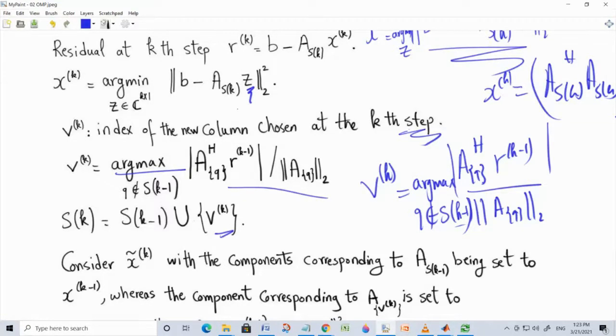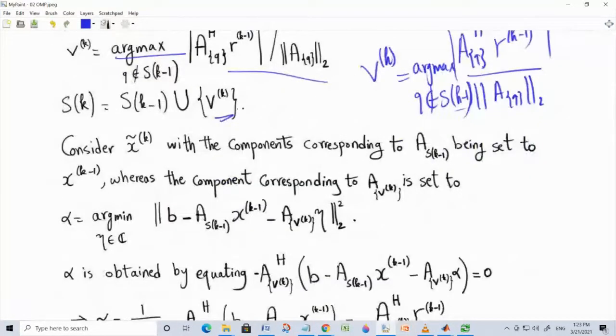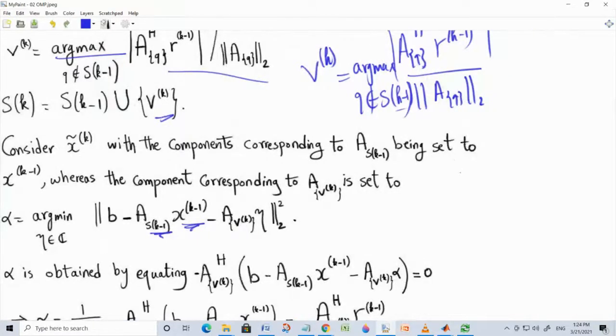Okay, so in each step, you have one more column in A involved. So what I will do is this. I will take the previously selected columns. Now, from the previous step, there is an x that is associated with them. So basically there is a previous step in which you solve this problem.